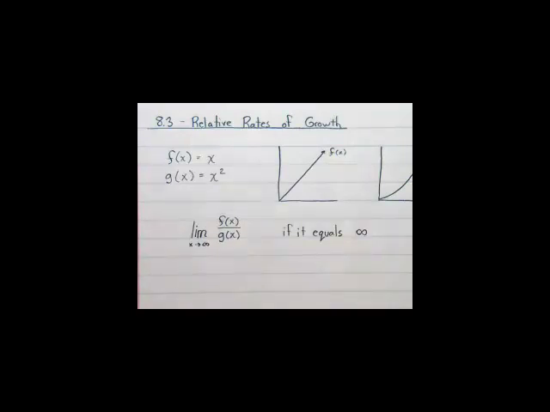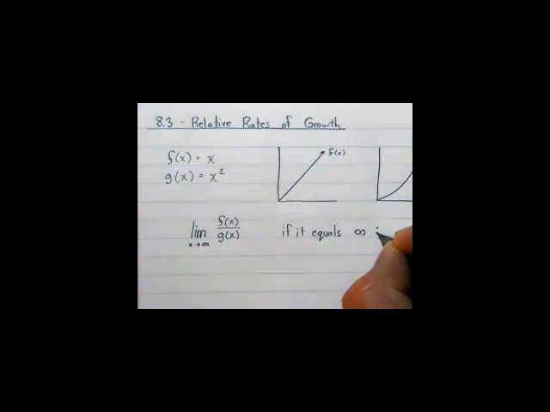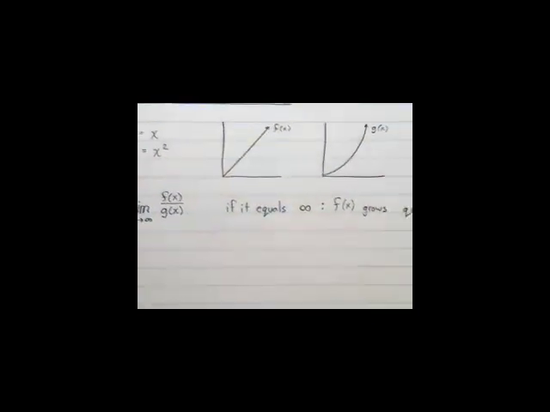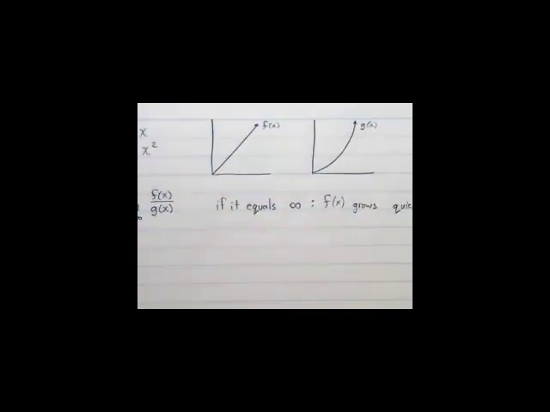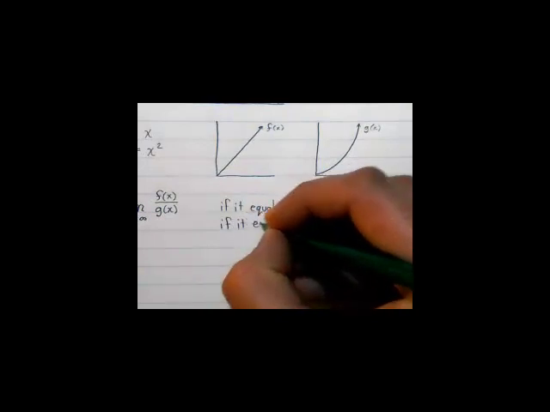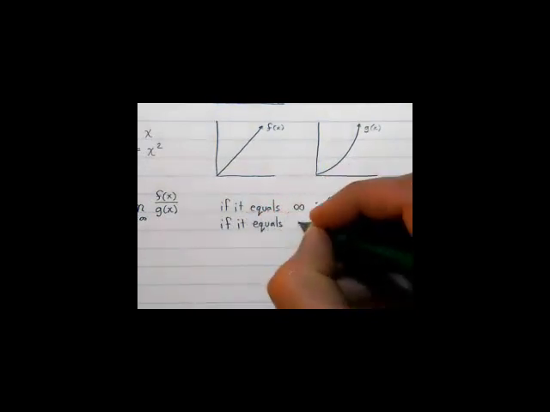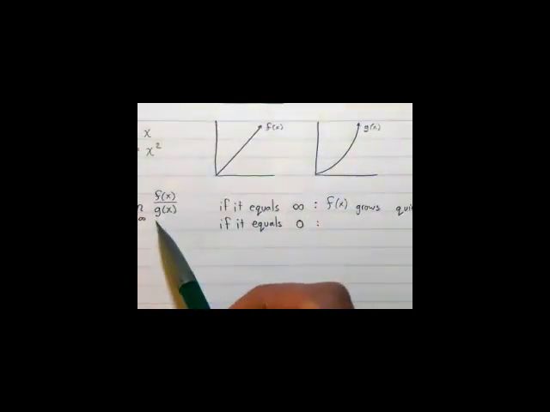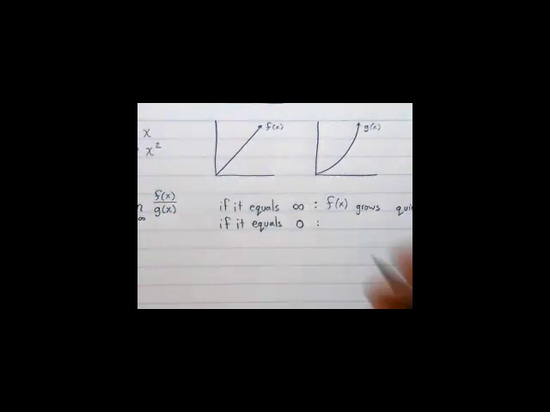Okay, so if it equals infinity, f of x grows quicker. Likewise, if it equals 0, that means whatever's in the bottom is growing more quickly, so g of x is growing more quickly.